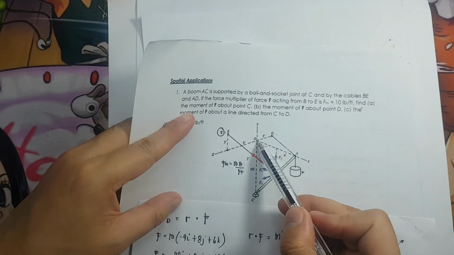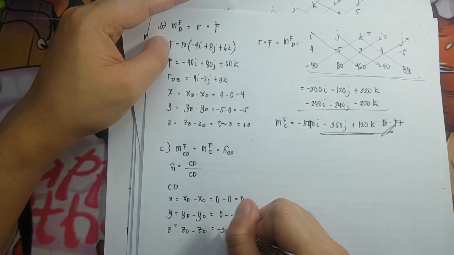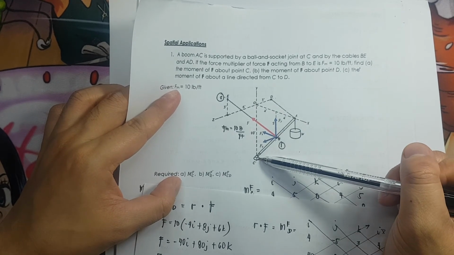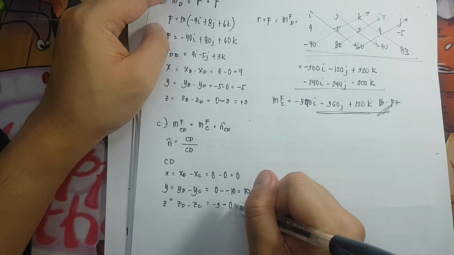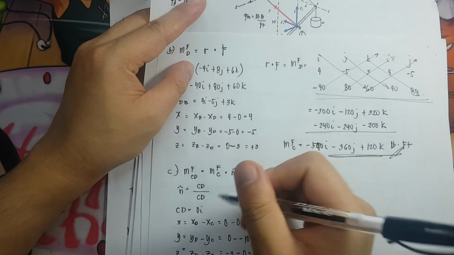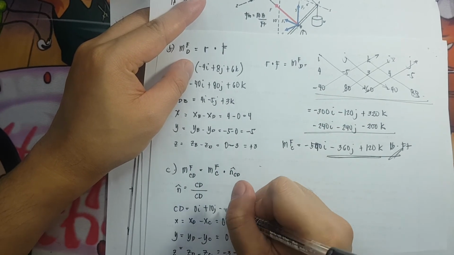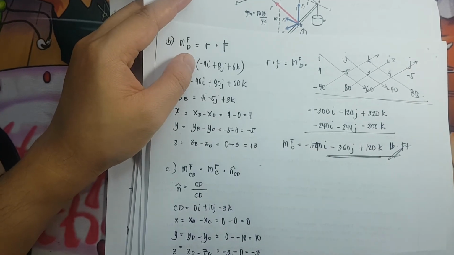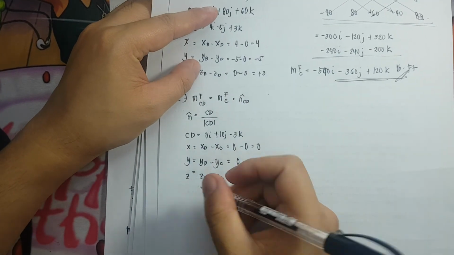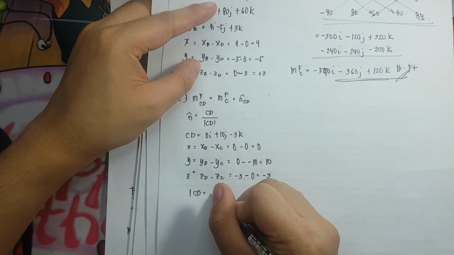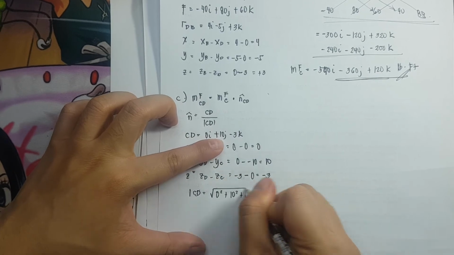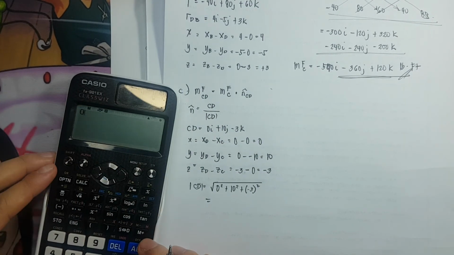Next, what is the z of D? That is negative 3. So negative 3 minus the z of C. What is the z of C? The z of C is 0. Therefore, that is negative 3. So the components of CD is equivalent to 0i plus 10j minus 3k. Now, to solve for the distance CD, it is simply the square root of 0 squared plus 10 squared plus negative 3 quantity squared.